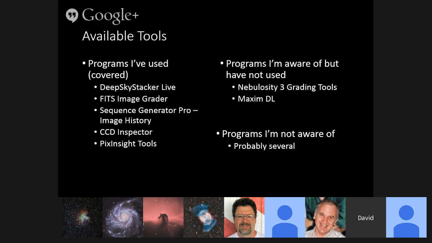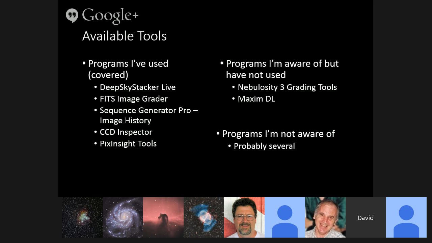So there's a few tools I'm aware of that I've used, and we'll cover those today. And there's a couple that I am aware of but have not used, and I'm sure there may be some more out there that I haven't heard of. The ones I've used are Deep Sky Stacker Live, FITS Image Grader, Sequence Generator Pro, the image history function of it, CCD Inspector, and various PixInsight tools.